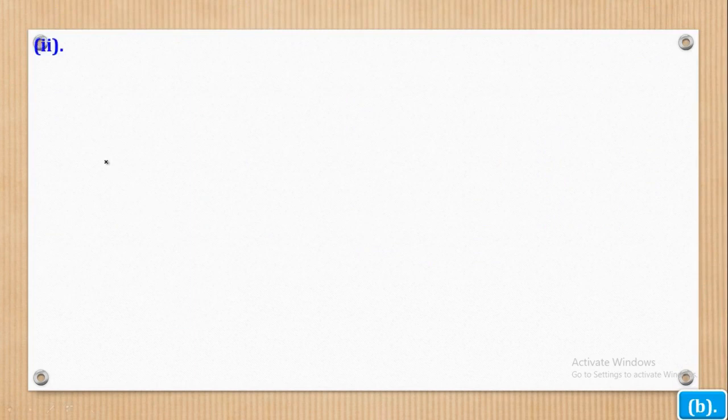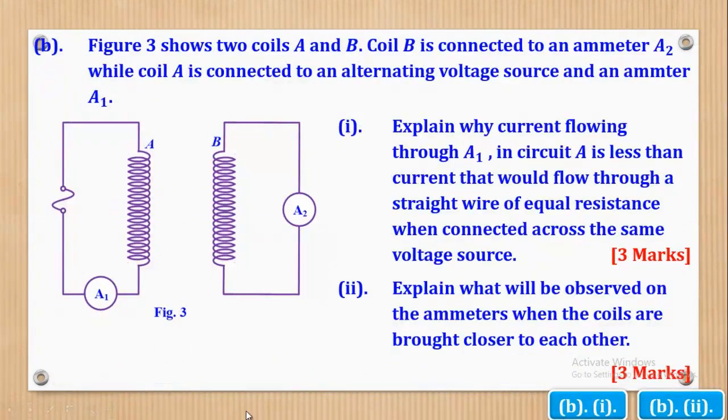So now we shall go to part B, Roman 2. Roman 2 says explain what would be observed on the ammeters when the coils are brought closer to each other.